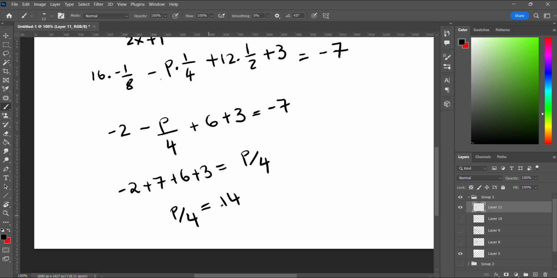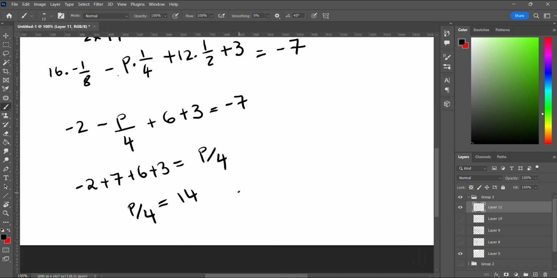So 14 times 4 would be p equals 4 by 4, 16, carry 1, 4 by 1, 4, 5.